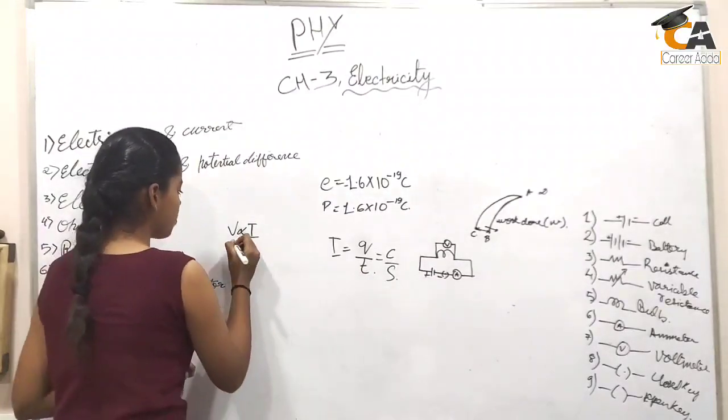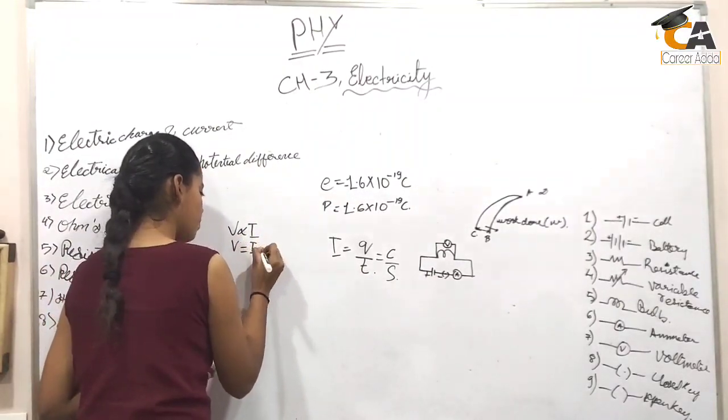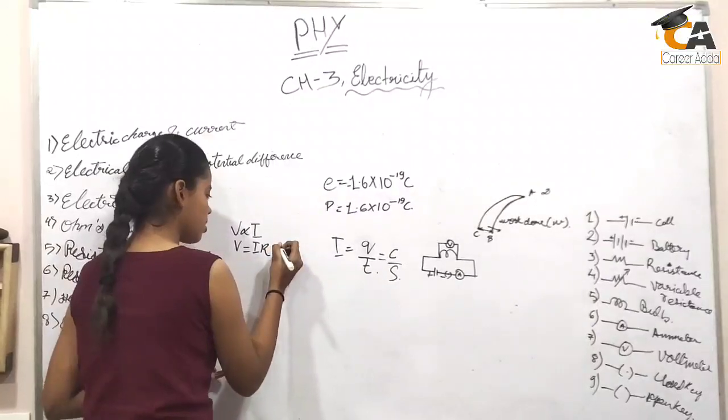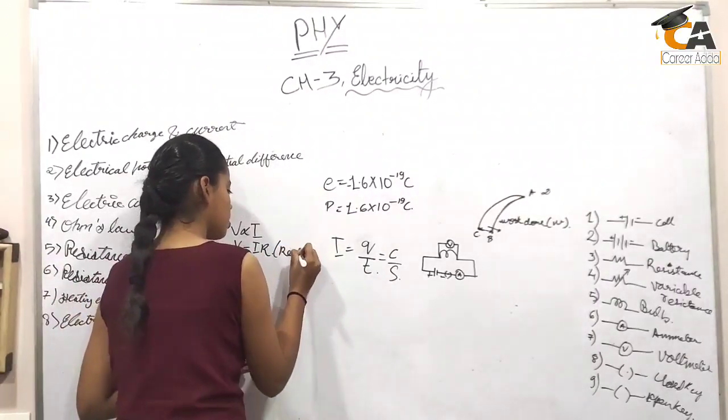To remove the proportional sign, we have to use a constant, which is our resistance.